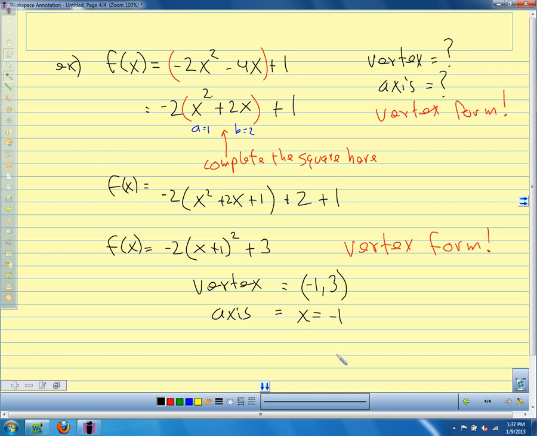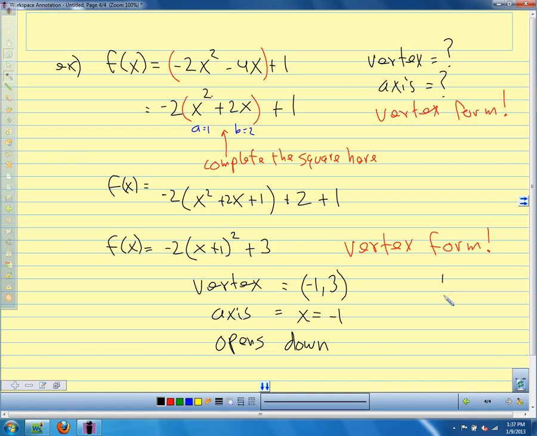And what else do we know about this parabola? We have a -2 here, so it's going to open down. Our vertex is going to be at -1, 3, our axis is at x equals -1, and it opens down.